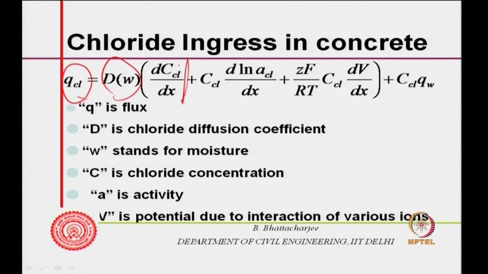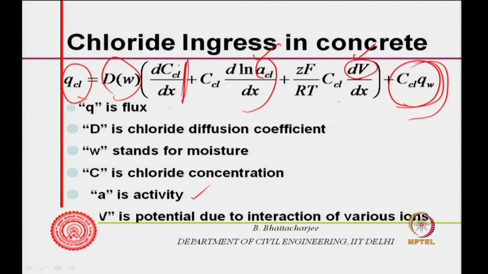This is under a concentration gradient, this could be under activation, because a reaction might be taking place, and if an external potential is applied, migration can occur. So there is a migration potential, an activation potential, and this is due to the water suction, the capillary suction or solution flux.